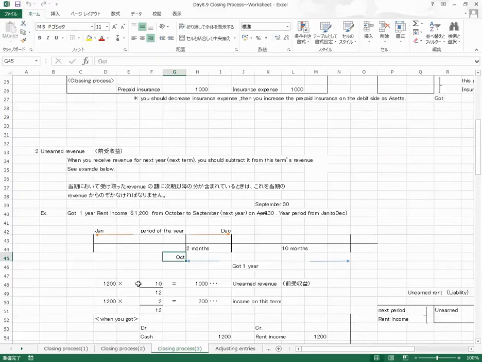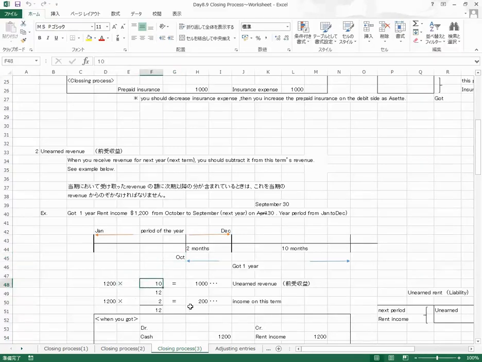How much is 10 months of the income? All amounts 1,200.